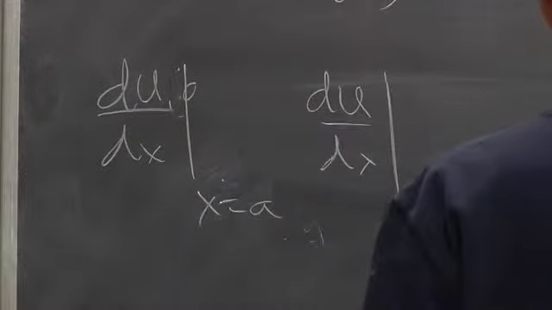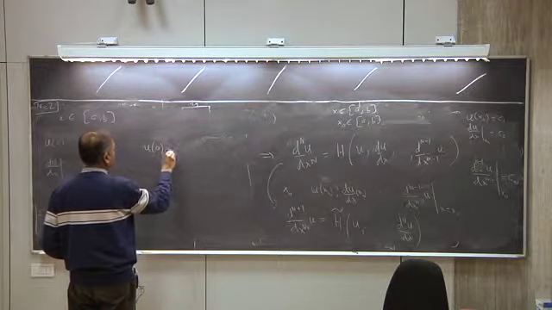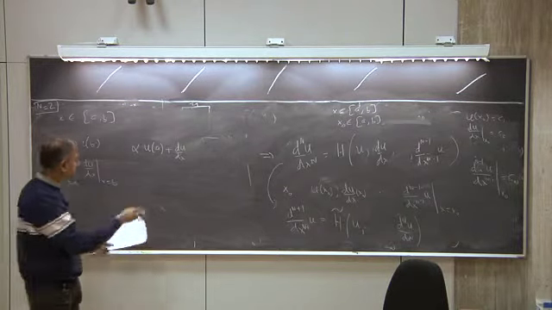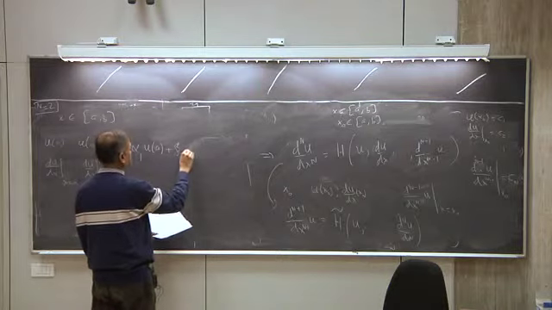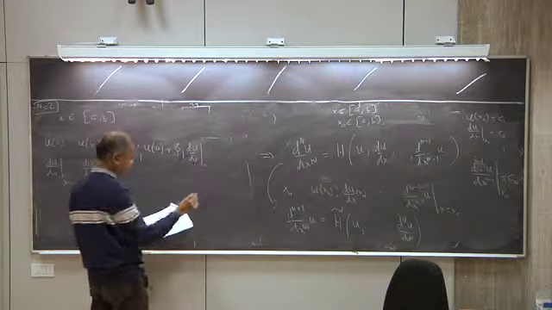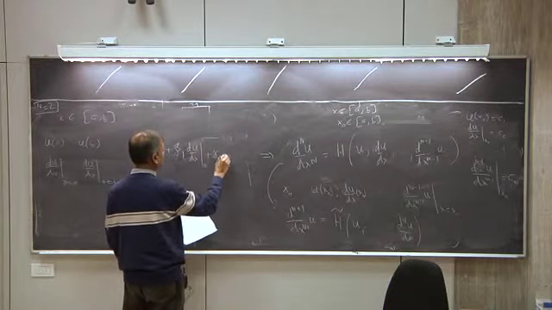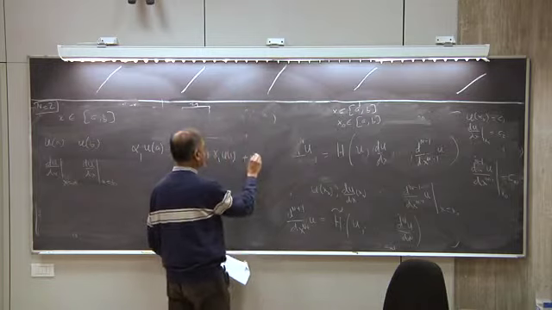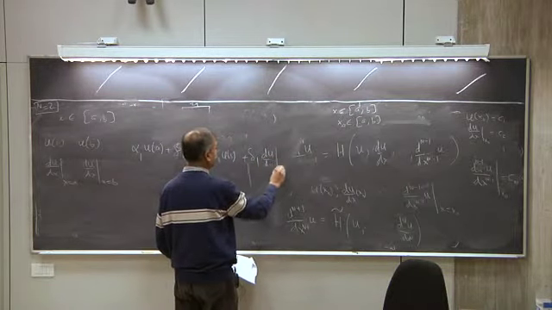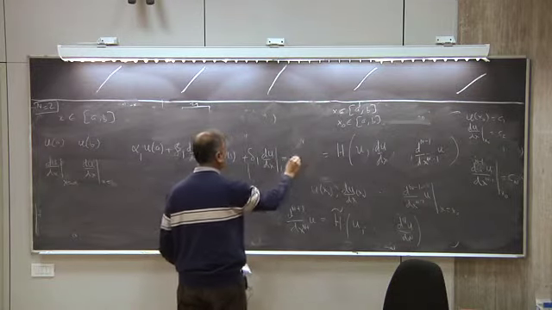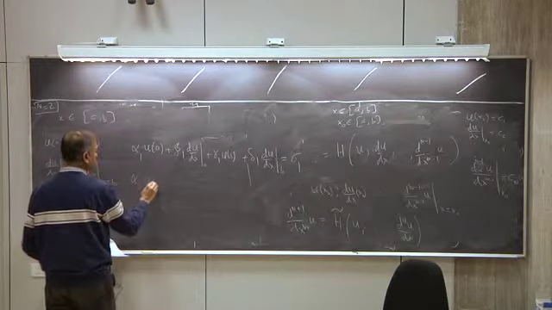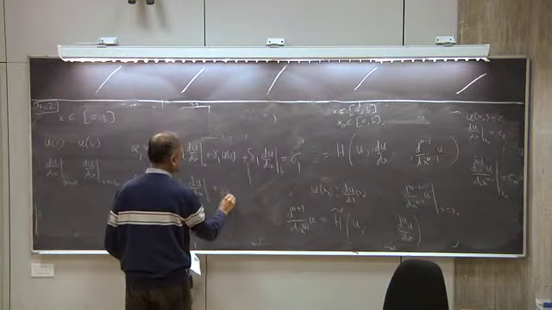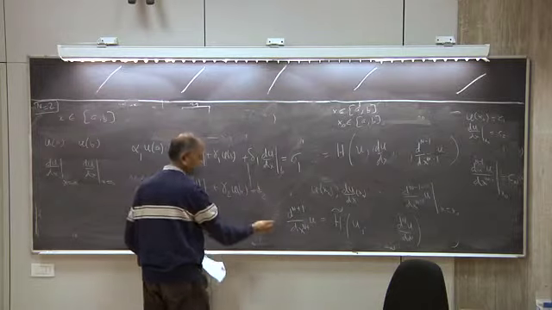So that data could be any possible two linear equations: alpha 1 times u at a plus beta 1 times du/dx at x equal to a, plus gamma 1 times u of b plus delta 1 times du/dx at x equal to b, equal to some number, say sigma 1, and another, alpha 2 u of a plus beta 2 and so on. So just two equations.